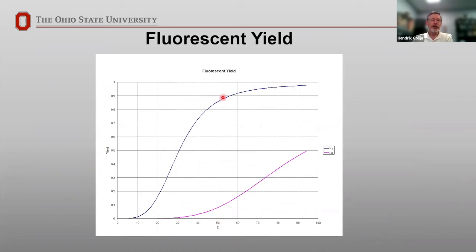You can see that as you go down in atomic number, this yield drops off greatly. So at a Z of 30, you're right around 50%. You get down to sodium at a Z of 10, you're now down in the 3 to 4% range. And by the time you get down to carbon, roughly one ionization out of every 600 will actually produce an X-ray.